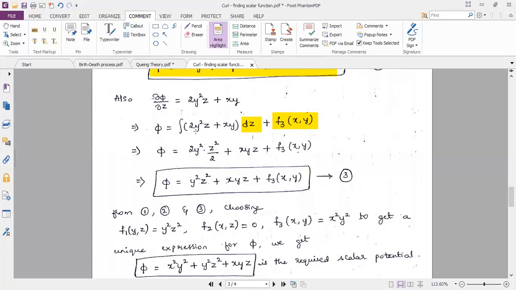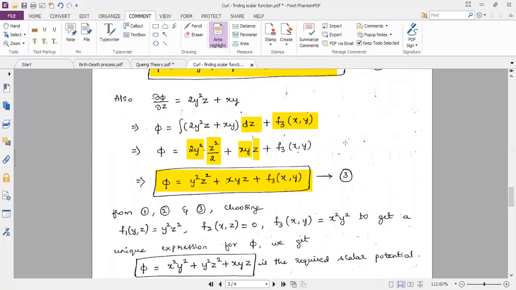Integration, 2y square is a constant when we integrate with respect to z, so writing 2y square as it is. Integration of z is z square divided by 2. Plus xy is a constant with respect to z, writing as it is. Integration of 1 dz is z. Plus f3 of x comma y as it is. So we get another expression for phi as y square z square plus xyz plus f3 of x comma y.